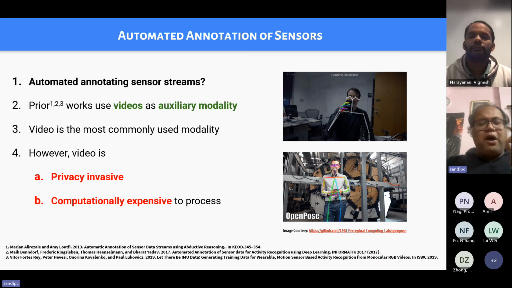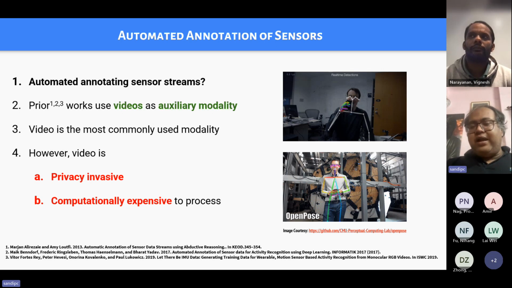Okay, so the first problem that we started thinking of is, in this pervasive sensing domain, can I develop a method for automated annotation of the sensing data? A particular use case that we thought of is gesture recognition or human activity recognition.